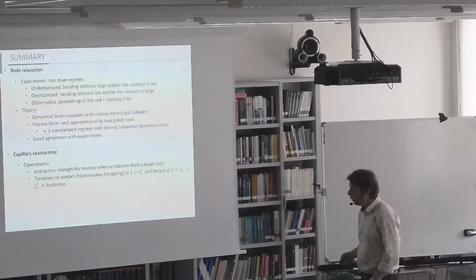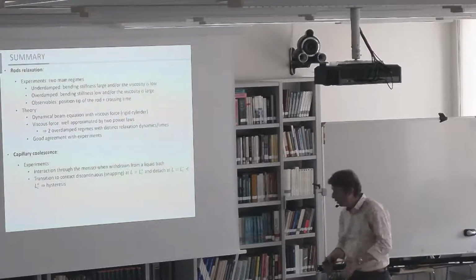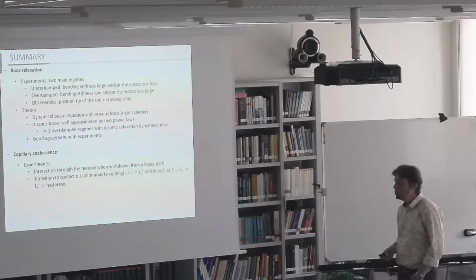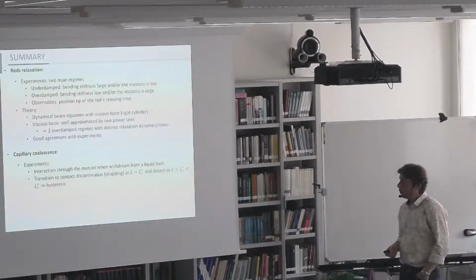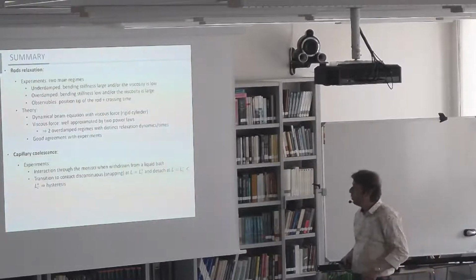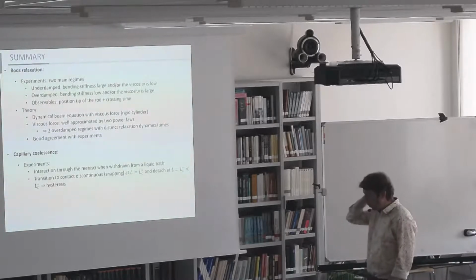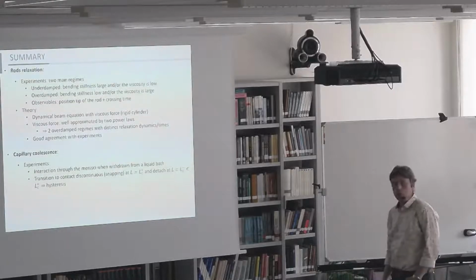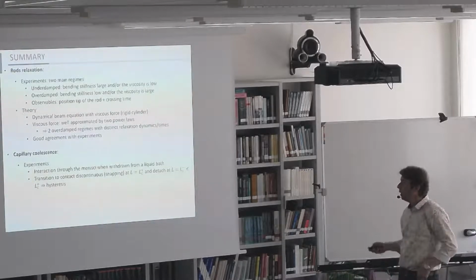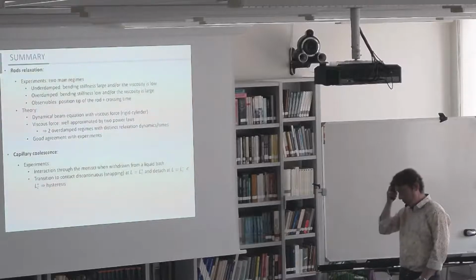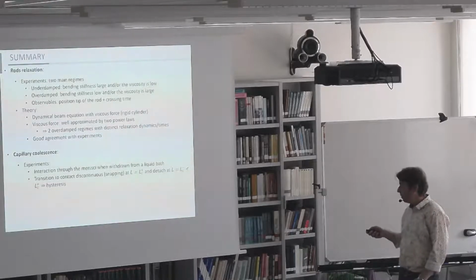And for the capillary coalescence, in the experiment we look at the direction through two menisci when the structures are withdrawn from a liquid bath. And we showed experimentally that there is a discontinuous transition to contact, so snapping, when you reach a critical value of the dry length, and they detach when you reach another critical value, which is smaller than the previous one, so you have a hysteresis.